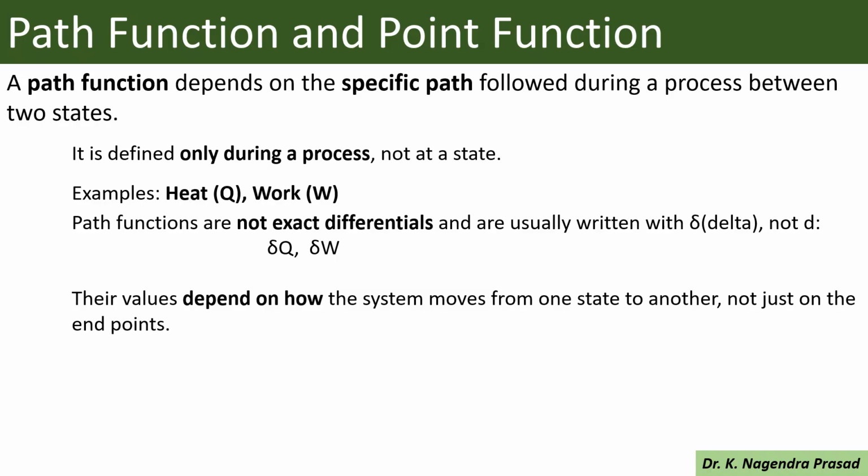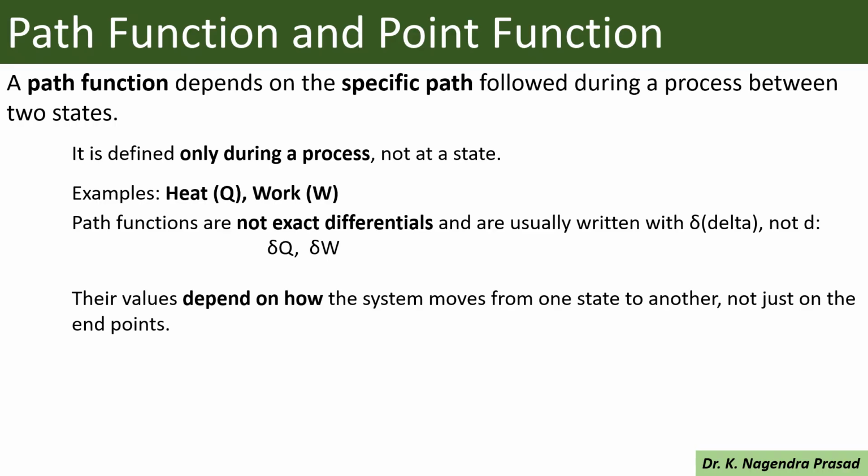Next we will discuss the path function. A path function depends on the specific path followed during a process between the two states. It is defined only during a process, not at a state. Examples of path functions are heat and work.